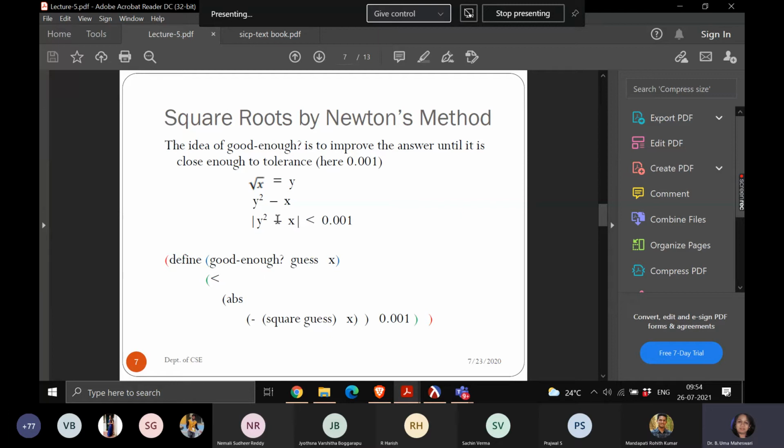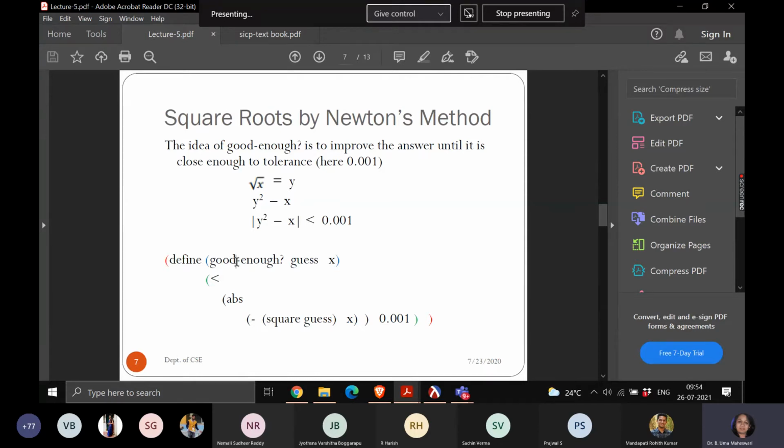We have to know till which iteration we have to go with the approximation, that is, the termination point. The termination is calculated like this: square root of x is y, so squaring both sides, y square equals x, and the absolute value of y square minus x is less than 0.01. If it is, we have to stop the iteration.